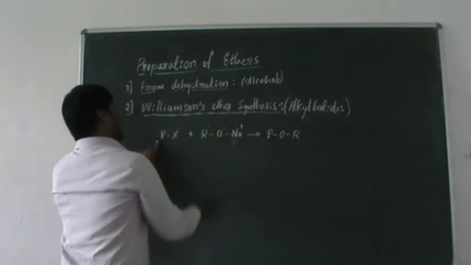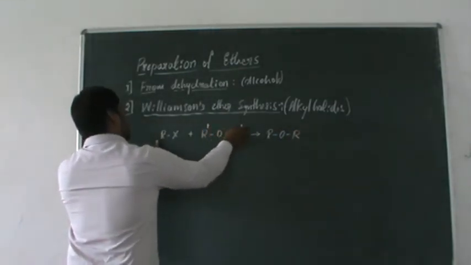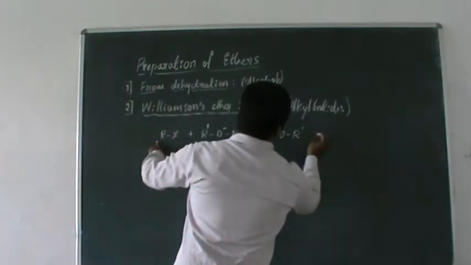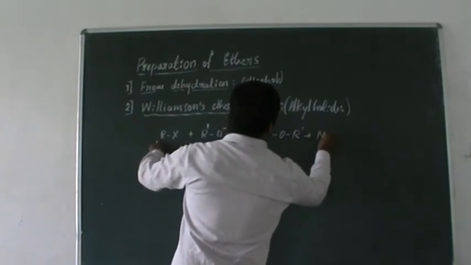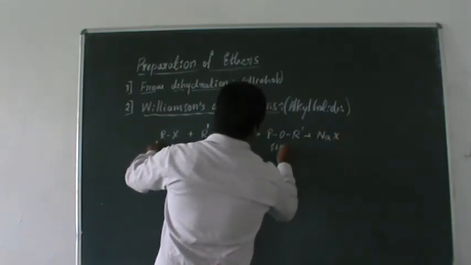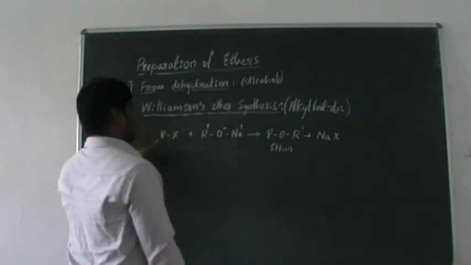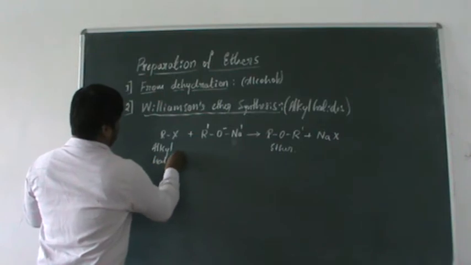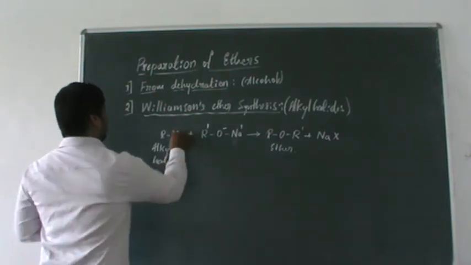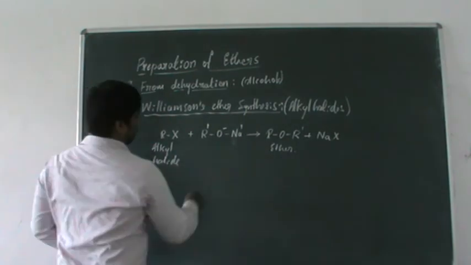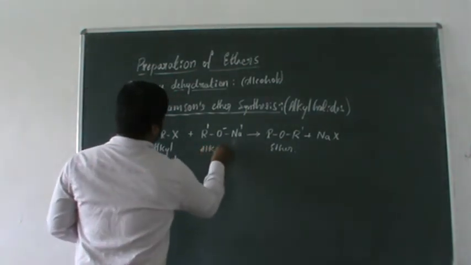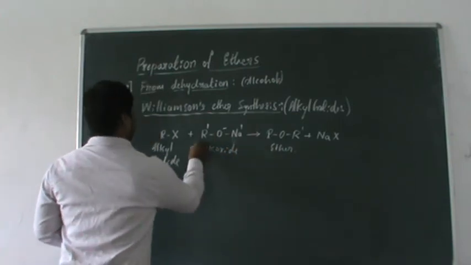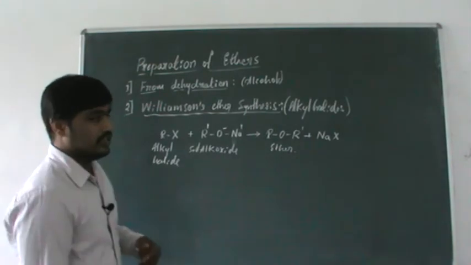Better to consider R dash O minus Na plus, the salt of sodium alkoxide, and sodium halide is produced as a byproduct. Please take a screenshot of the reaction. This one is the alkyl halide, this one is sodium alkoxide, and ether is produced.